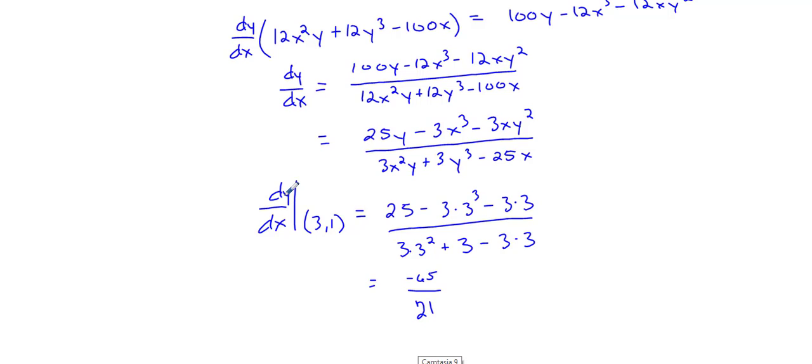Right here? Did I write 3? Oh my gosh, did I write something wrong? Okay, 3 squared, 3 times 1 minus 25 times 3. It should be 25 times 3, right?